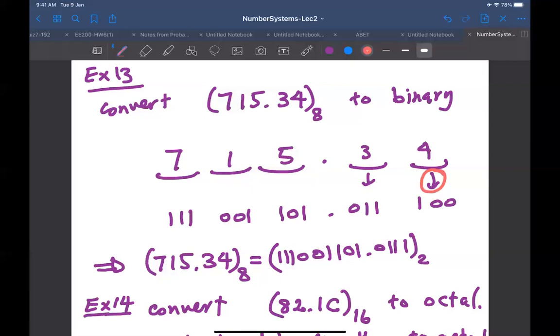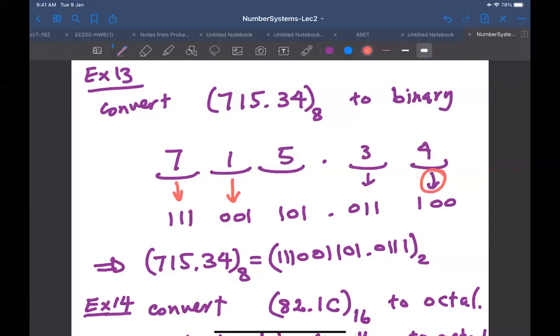But if it is not, then they add great value to the number. So this 1 corresponds to 001, and then this 7 corresponds to 111, and then you just concatenate these 3 bits together, and then you get your number.